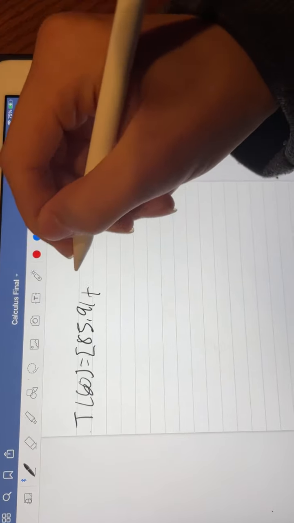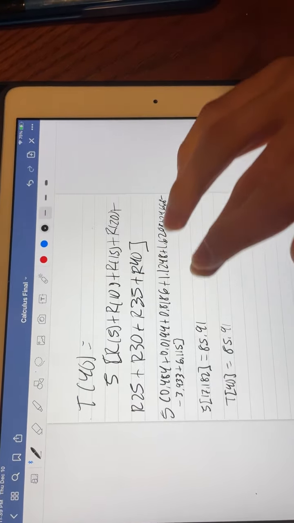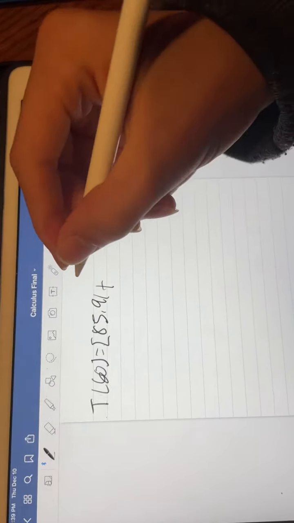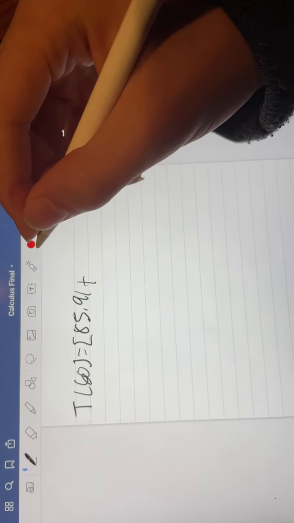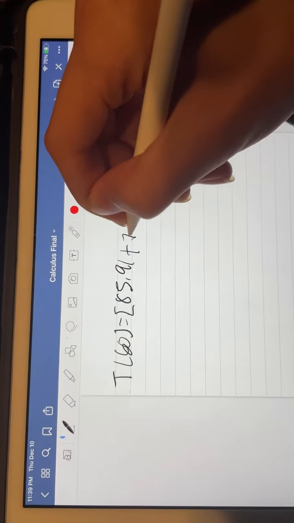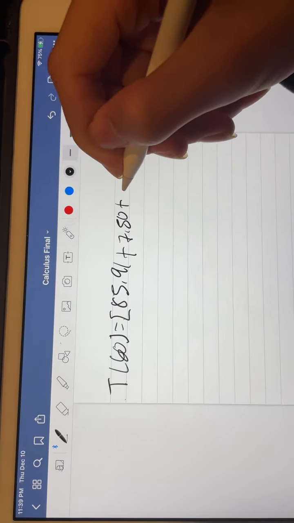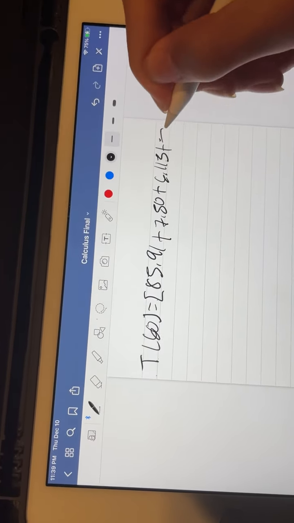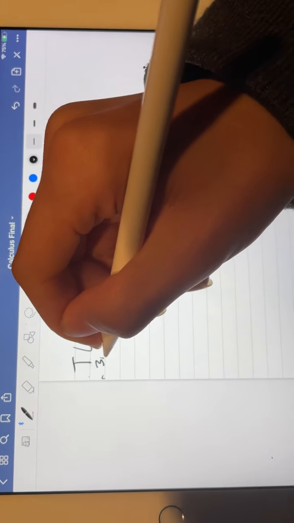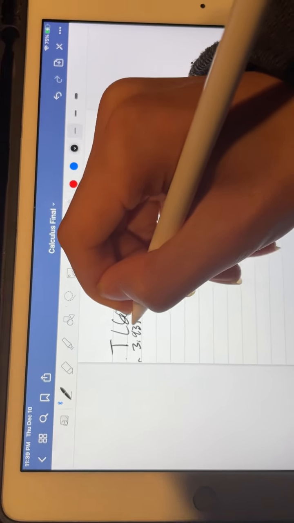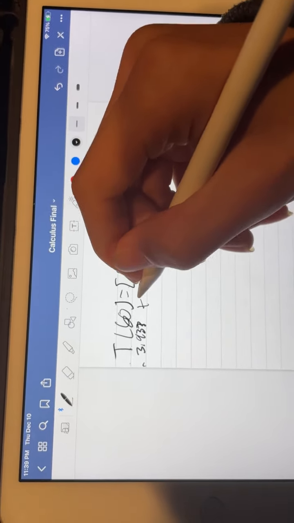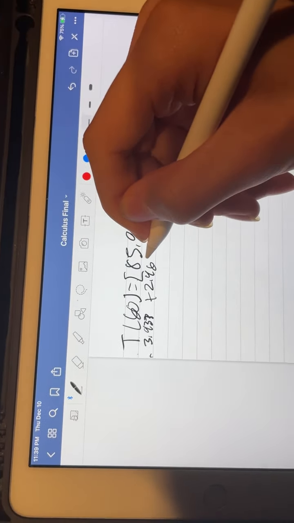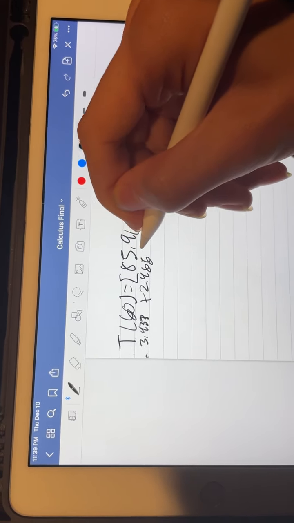So we're going to add it to the 45, which is, like here, 7.501. All right, so it's going to be plus 45, which would be 7.501 plus 6.115 plus, oh, I didn't have enough room, so I'm just going to go over here, 3.933 plus 2.466 668.